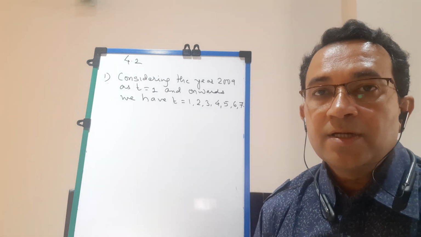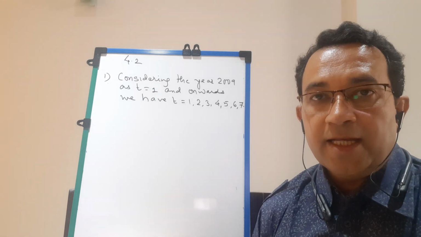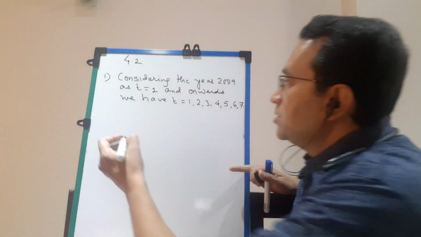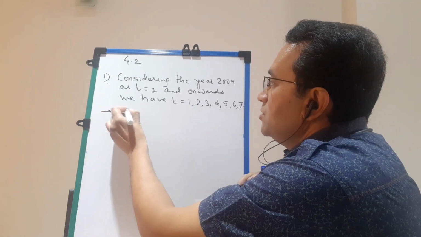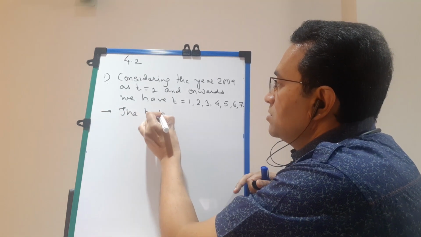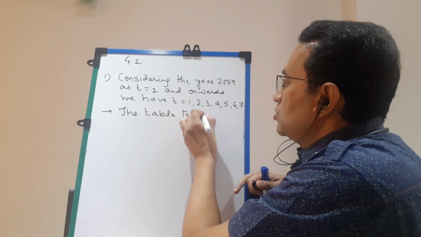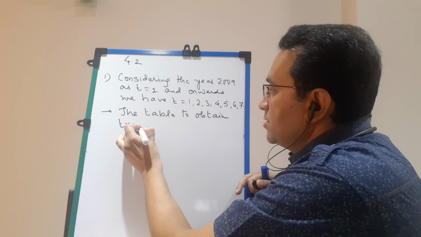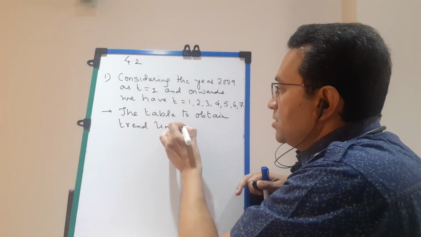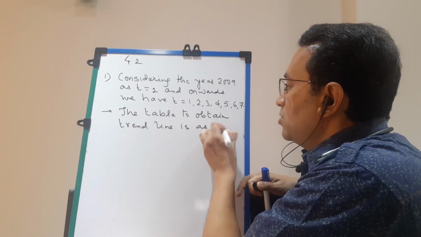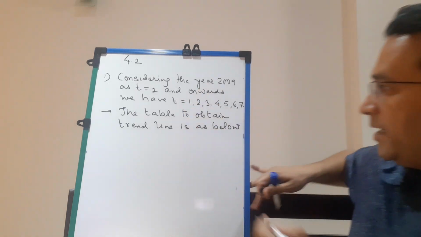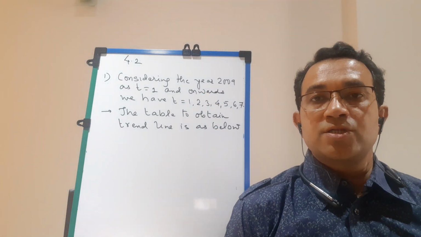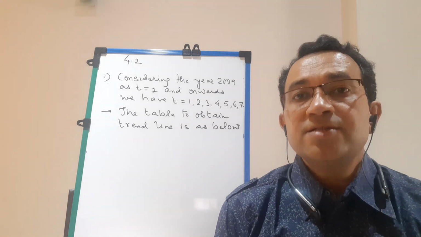Second step, the table to obtain trend line is as below. And an alternative to this, students, we can also write the table to obtain constants b and a is as below.